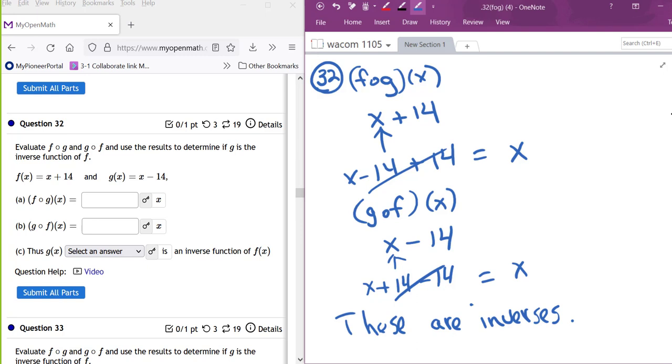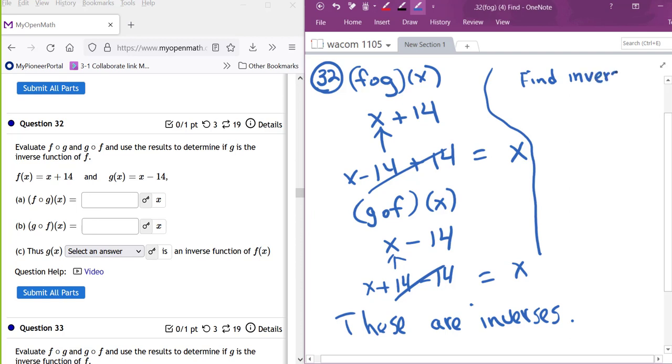Right. And let's just go on the side here for a second and remember how to find an inverse if you were just finding it. So if it says find the inverse function of f of x equals x plus 14. All right, remember you write this as y.